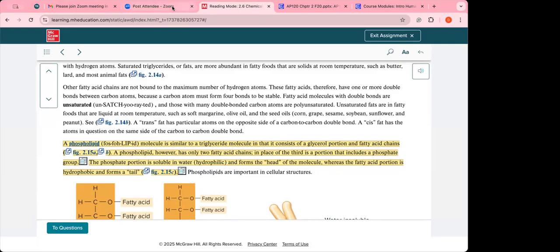The phosphate portion is soluble in water, hydrophilic, and forms the head of the molecule, whereas the fatty acid portion is hydrophobic and forms the tail. So you have two fatty acids and one phosphate. Two fatty acids and one phosphate form a phospholipid.